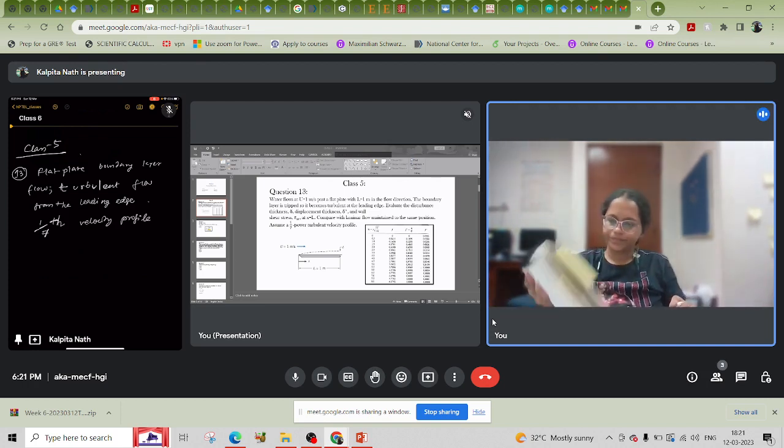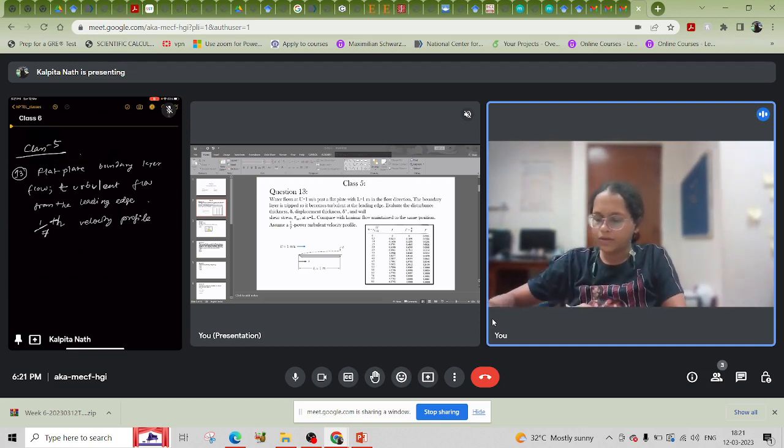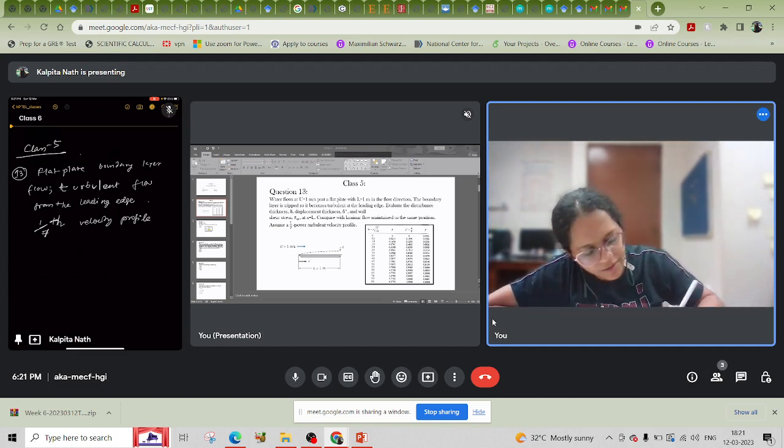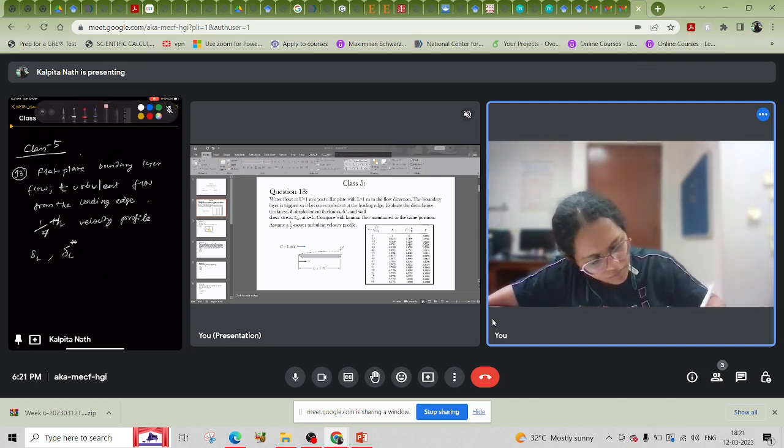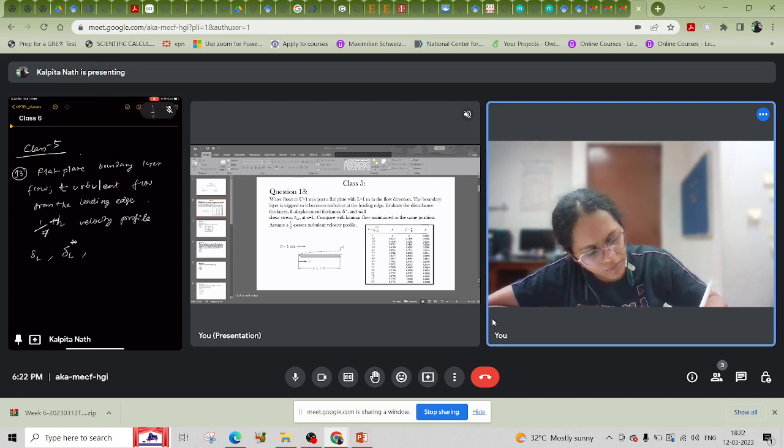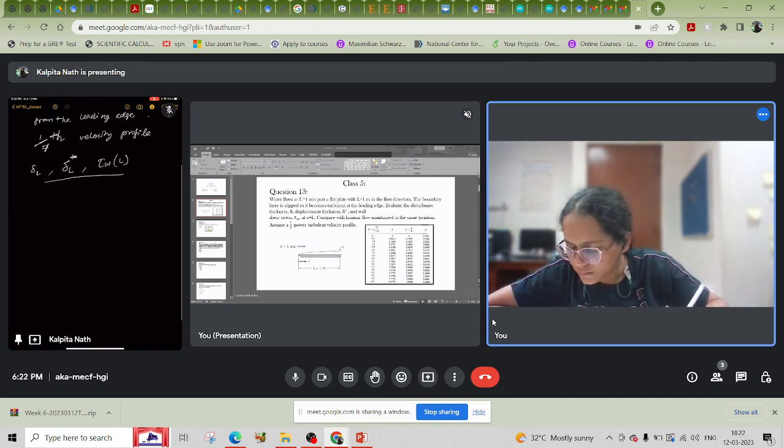First, we need to find the displacement thickness, then the boundary layer thickness, then the shear stress, and then the comparison with the laminar profile.